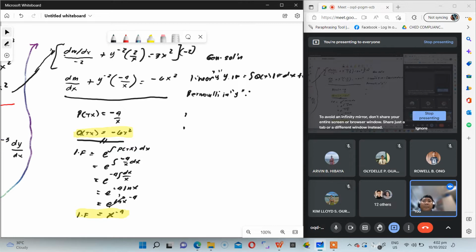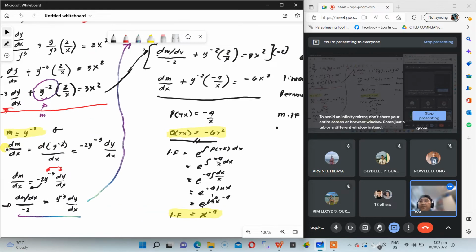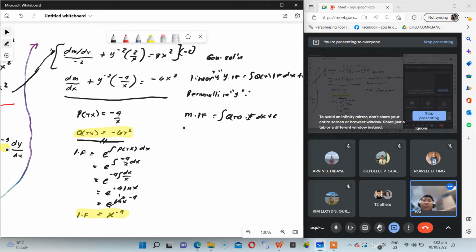So, m is multiplied by the same integrating factor, equals q of x, same as before, times the integrating factor dx plus c, and then we just substitute. What is our m? Y raised to the power of negative 2. So that is y raised to the power of negative 2. Integrating factor is x raised to the power of negative 4.